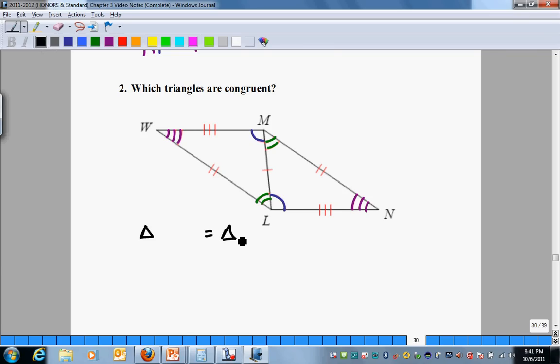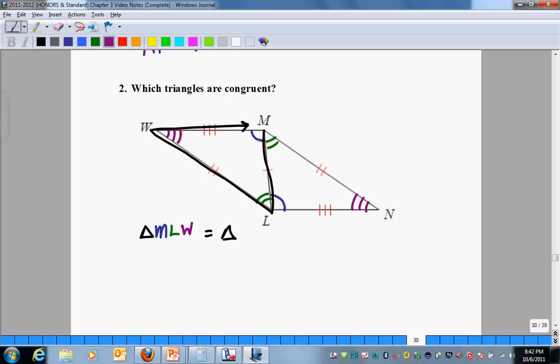I can go triangle M, L, W. And there, on that left, I'm going from 1 sweep, M, to 2 sweeps, L, to 3 sweeps, W. I must match the same order on the right-hand side, 1, 2, and 3.